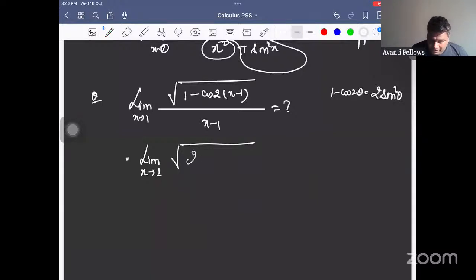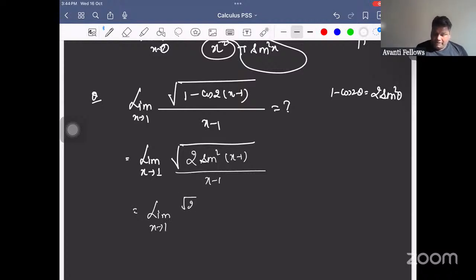So it will be 2 sine square of x minus 1 upon x minus 1. That is limit x approaches 1, root 2 outside, it is mod of sine of x minus 1 upon x minus 1. So whenever a quantity comes out of under root, you have to put it in the modulus symbol.